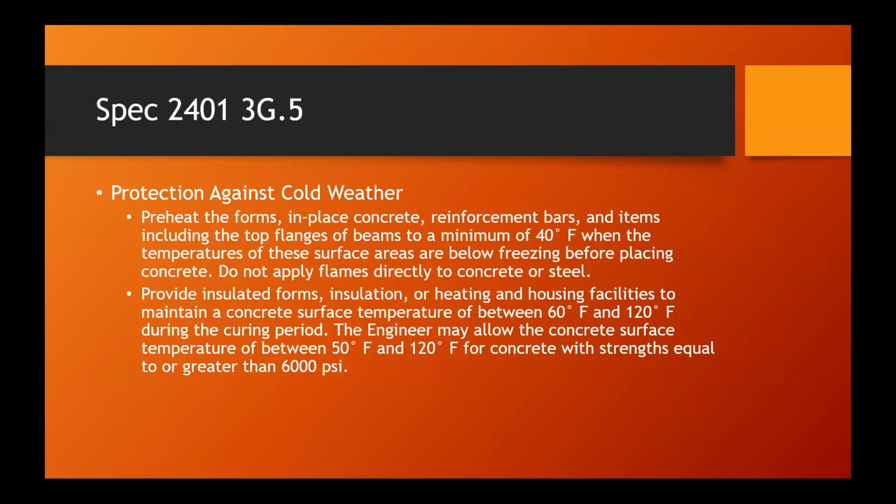Not allowed to use flames directly on concrete or steel. Forms must be insulated. If needed, heat and house the entire area to be poured and maintain it between 60 and 120 degrees during the curing period. The engineer may allow a concrete surface temperature of between 50 and 120 degrees for concrete strengths equal to or greater than 6,000 PSI.